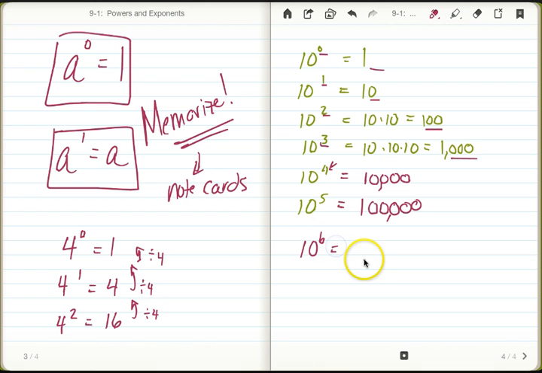So what will 10 to the sixth be? 1, 1, 2, 3, 4, 5, 6. Yep, it is 1 million. That is so much faster than trying to do all of the multiplication with tens.